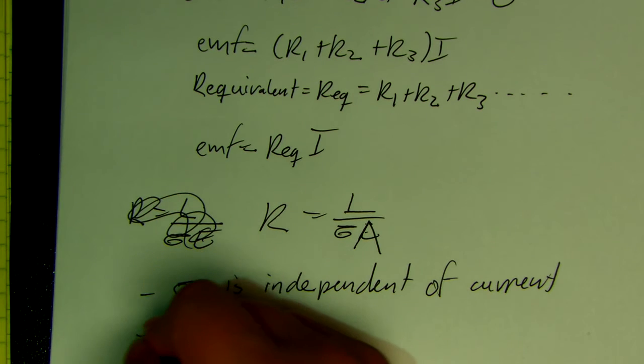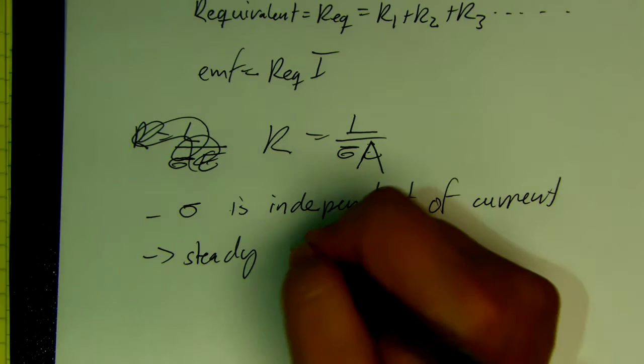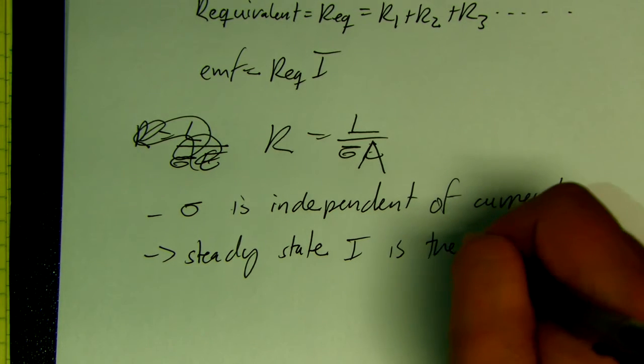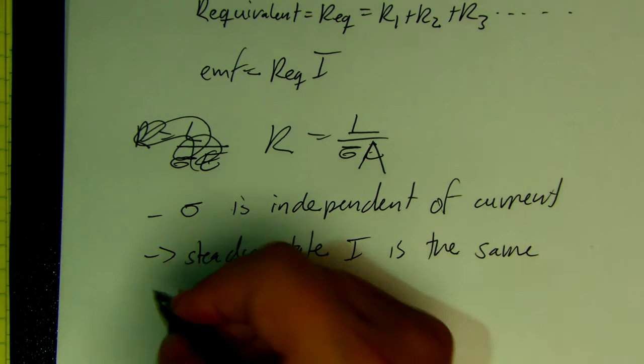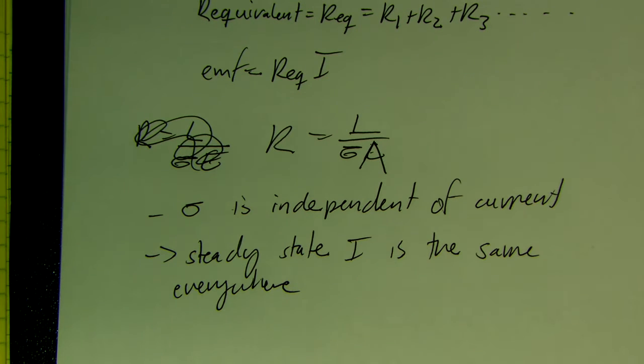And if you've got a steady state, I is the same everywhere. And by that we mean everywhere where you have current coming in, you have the same going out, and it's constant. It's not like a capacitance or a capacitor circuit.